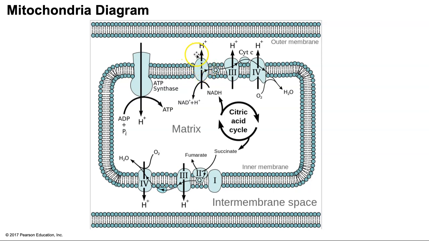So the electrons are going to be moving down their energy gradient. Each one of these components is more and more electronegative until the very bottom where we have oxygen hanging out, ready to grab that electron. It's the most electronegative. So it's there kind of like a vacuum, sucking that electron to it.